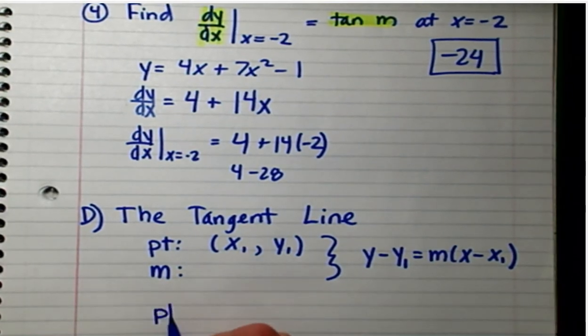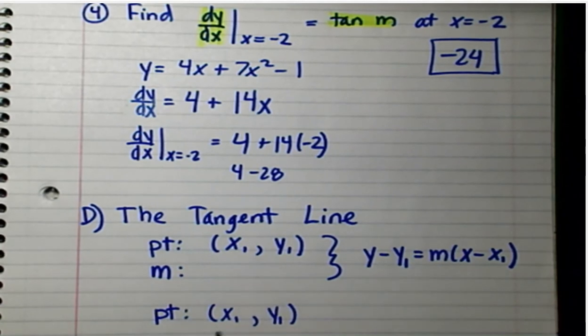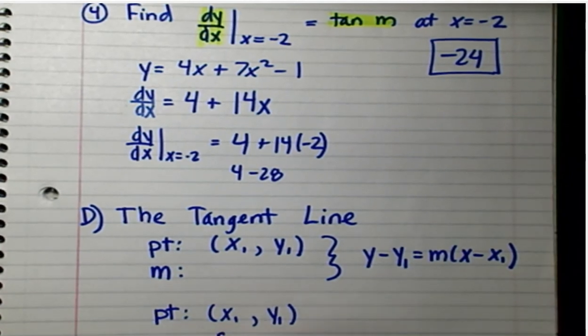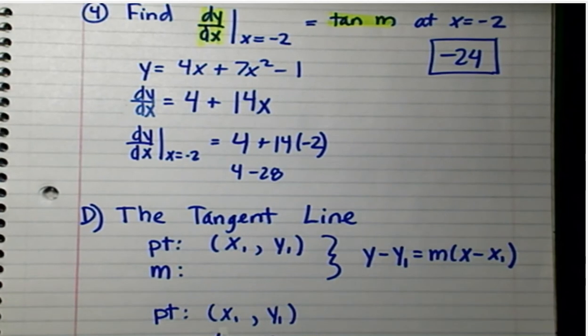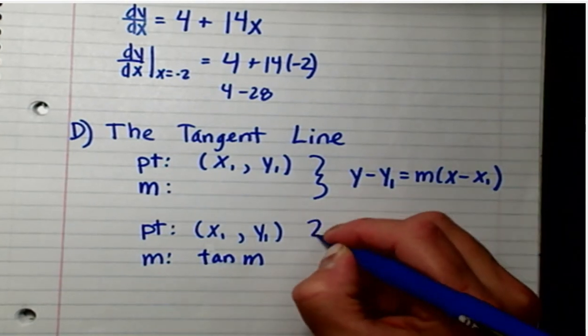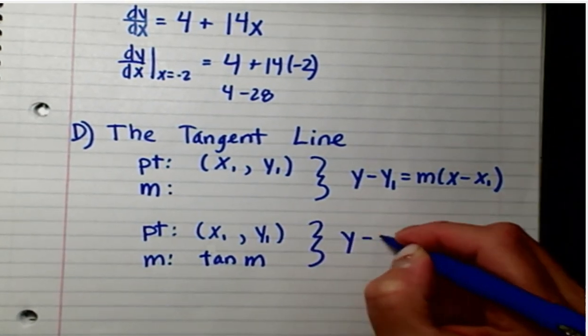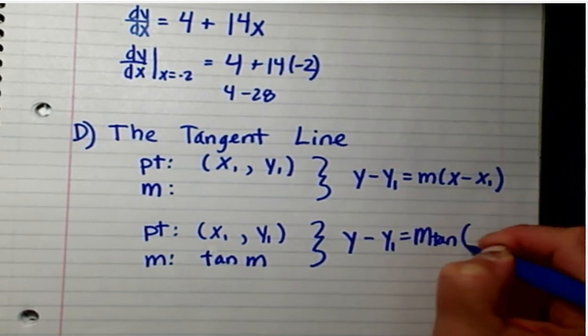Point, okay? Points are still just points on a graph. Slope. So we're going to make it a tangent line. That is tangent slope. The only thing that makes this a tangent line is that you use tangent slope. That's it. It's the only thing. Okay, so let's put these two things together. y minus y1, slope tangent.